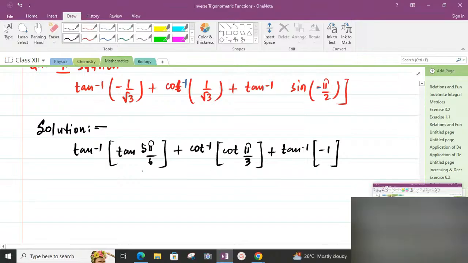There is no problem to understand at this step. Tan inverse tan pi by 6, cot inverse cot pi by 3 and tan inverse minus 1.